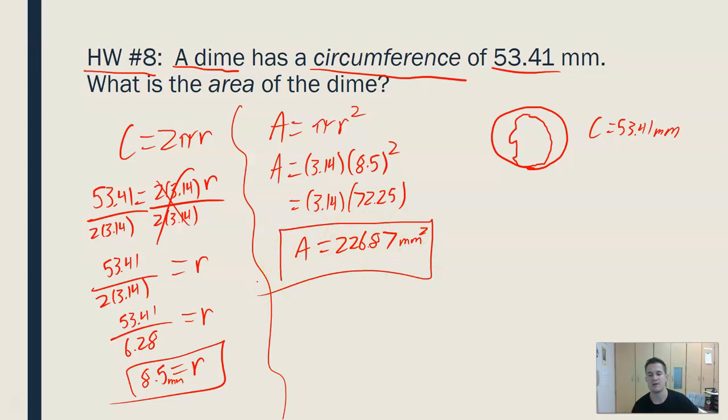I measure my area in squares. So the area of my dime is 226.87 millimeters squared. So that's how I was able to find the area given a circumference. And I can do the same thing vice versa. If I had been given the area, I could have found the circumference.